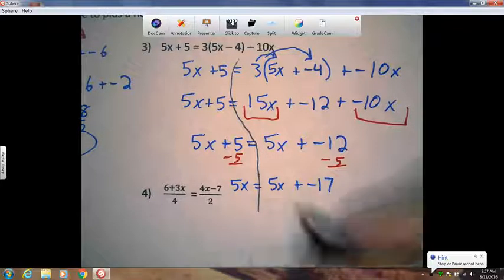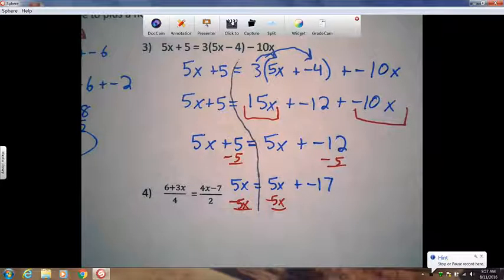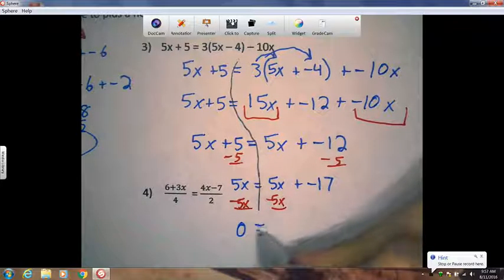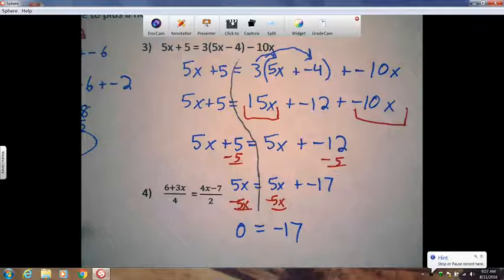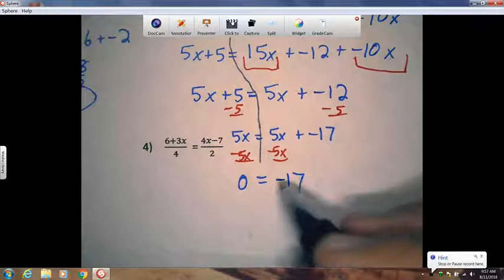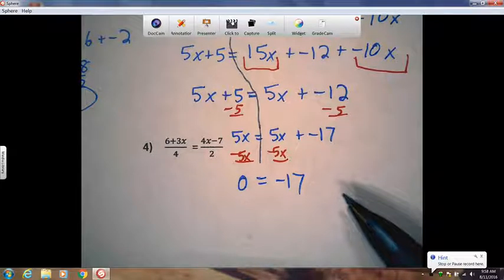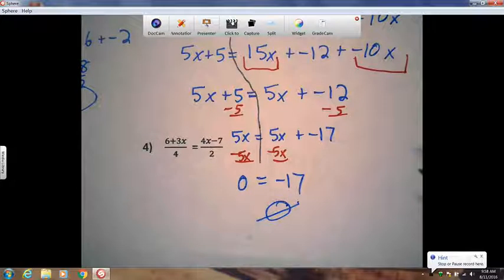Then I'm going to subtract 5x on both sides. So I get 0 is equal to negative 17. Hopefully you remember from one of the previous lessons, when you end up with something like this, and this is not true, 0 does not equal negative 17, the answer is no solution.